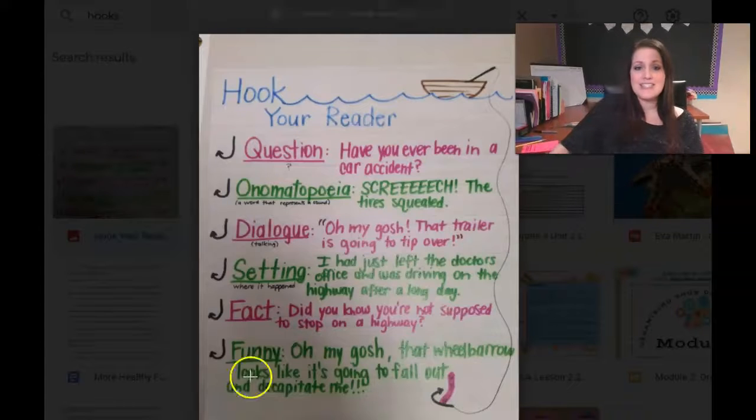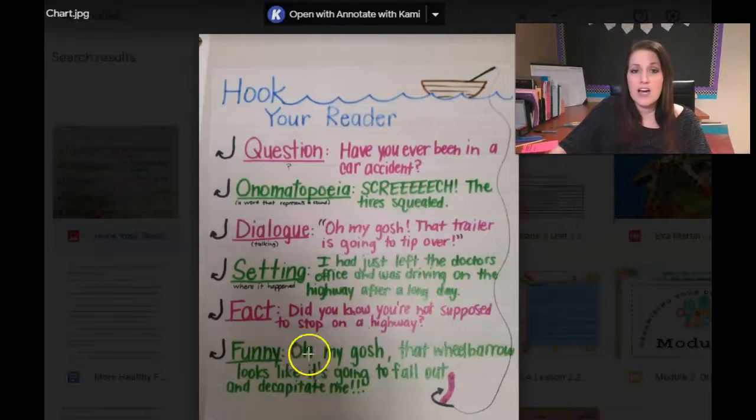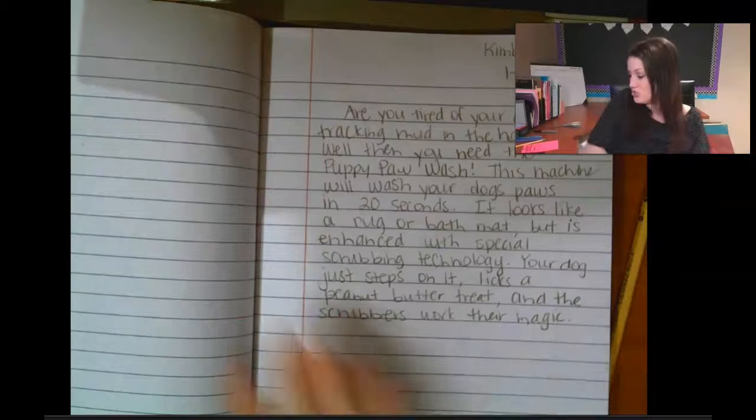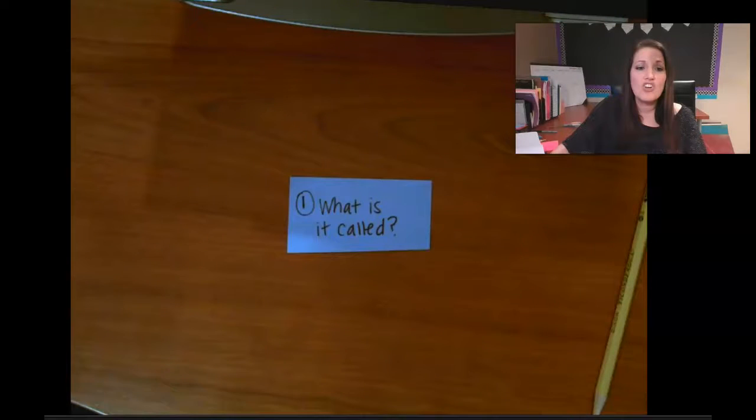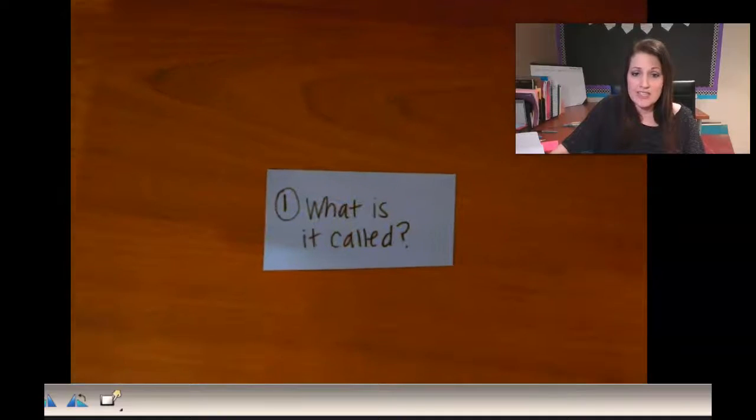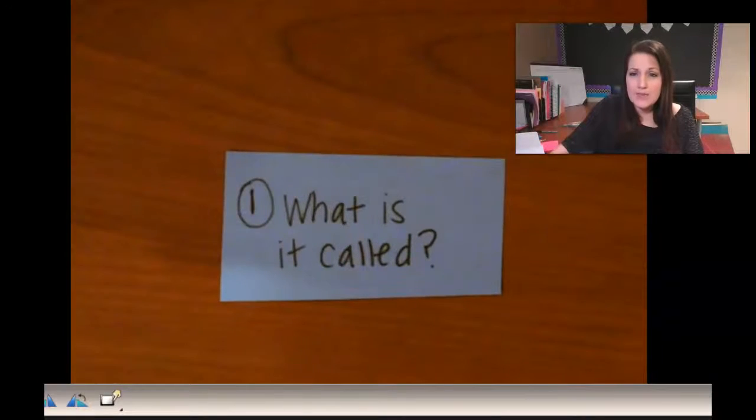So next step, after you've got the hook your reader part, is you are going to write a sentence about what it is called. You're going to need to stop and think, come up with a name for your invention and decide what to call it.